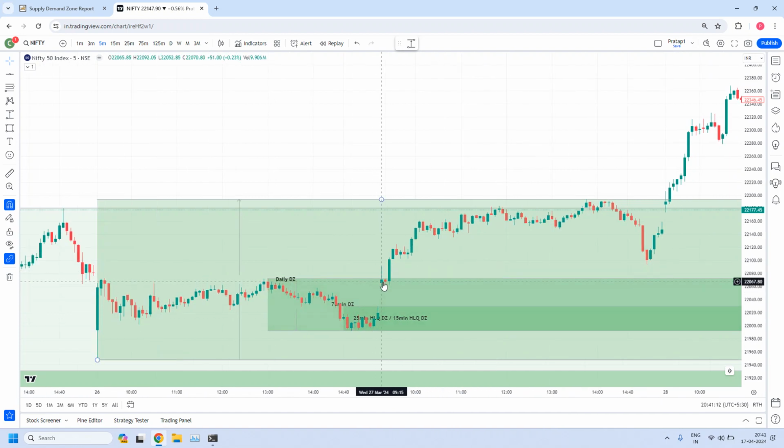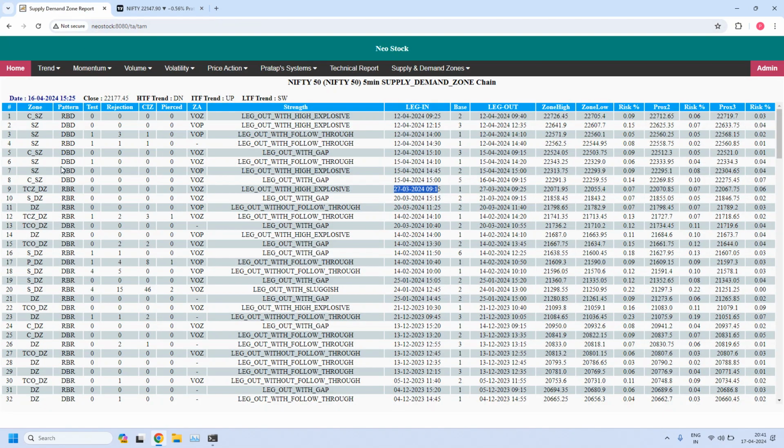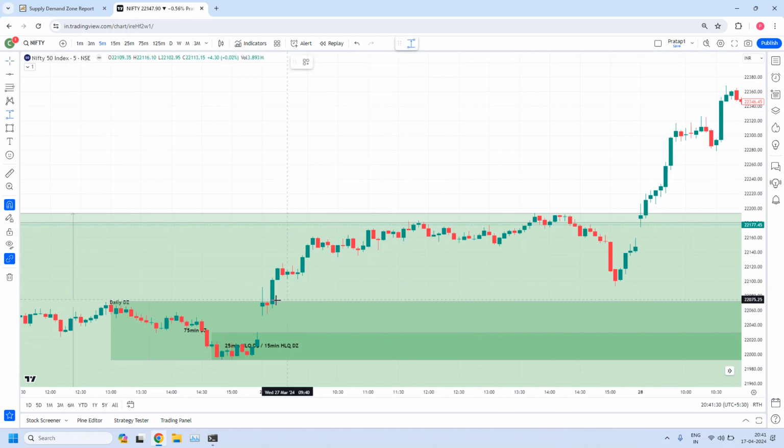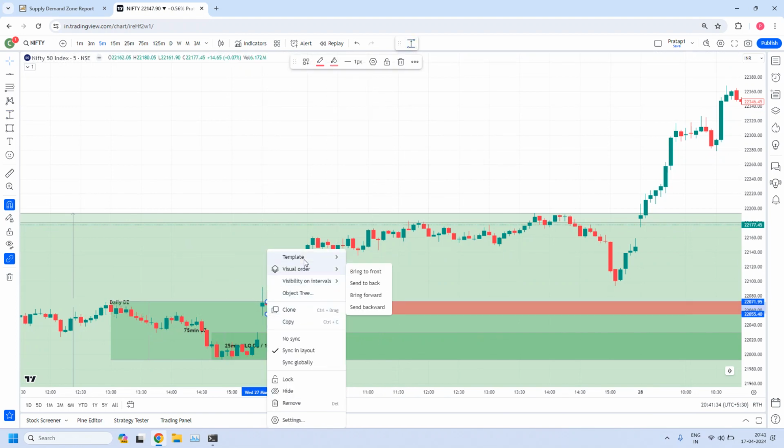21.73. 9.15, 1 base candle and a rally candle. The 9:25 minutes candle. This is the one. This is a high liquidity, low priority demand zone. This is a 5-minute zone.